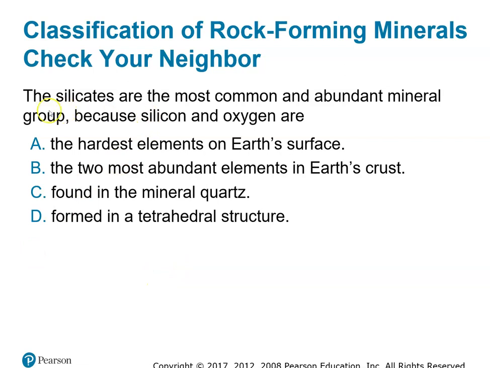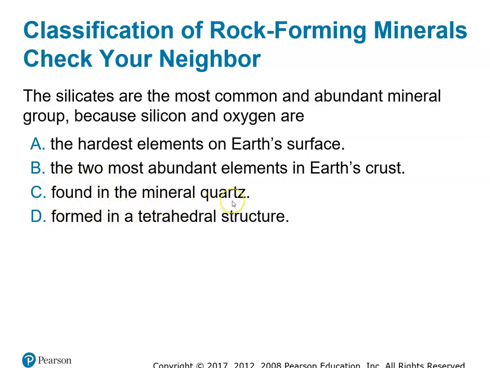Very nice. All right, so in the last video we were talking about this question right there. Silicates are the most common and abundant mineral group because silicon and oxygen are the hardest element? No, certainly not. We'll skip B because that is the answer found in the mineral quartz.